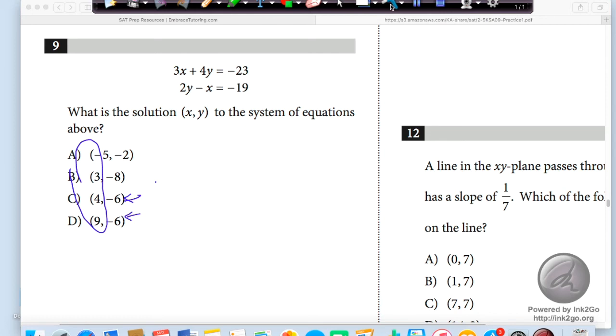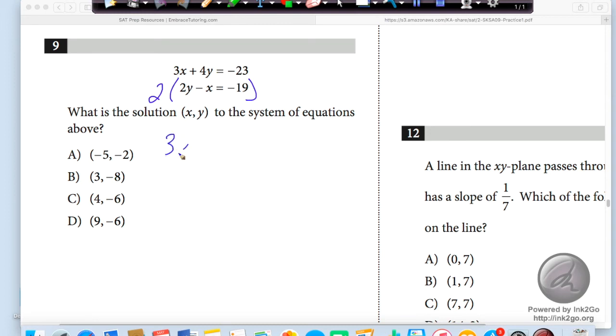Which of these equations can I use in order to eliminate y? It seems as though the bottom equation, if I were to multiply this by 2, could allow me to make this 4y and subtract this out. So I can eventually get 4y minus 4y and cancel them when I subtract the two equations.